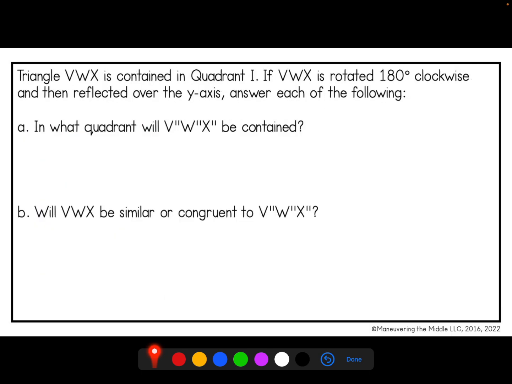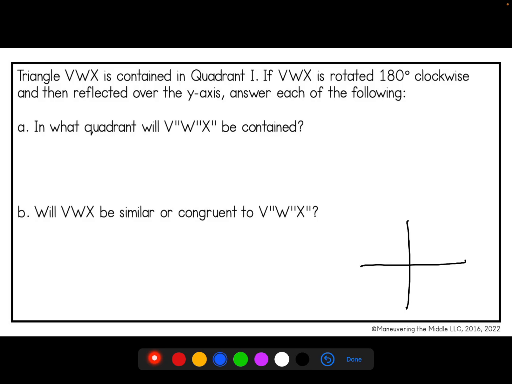Finally, triangle VWX is contained in quadrant 1. If VWX is rotated 180 degrees clockwise, then reflected over the y-axis, answer each of the following questions.